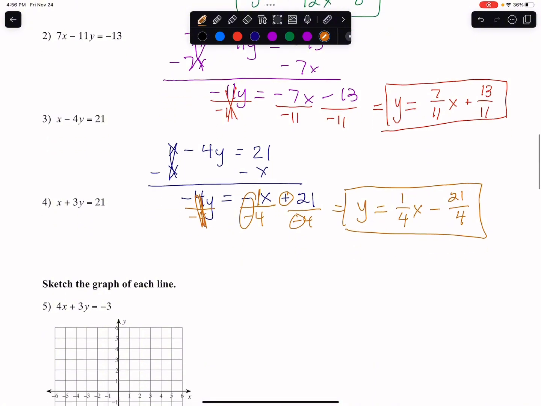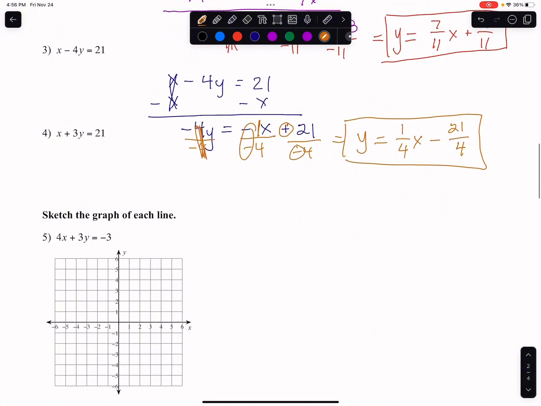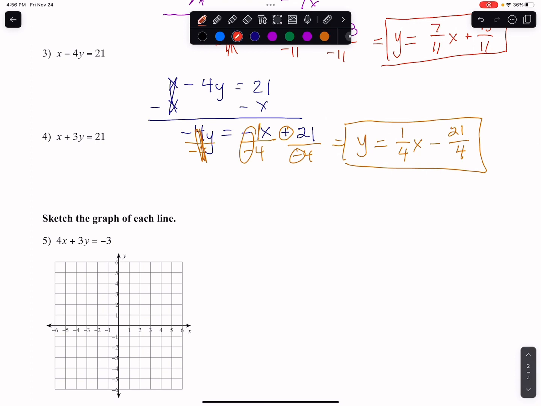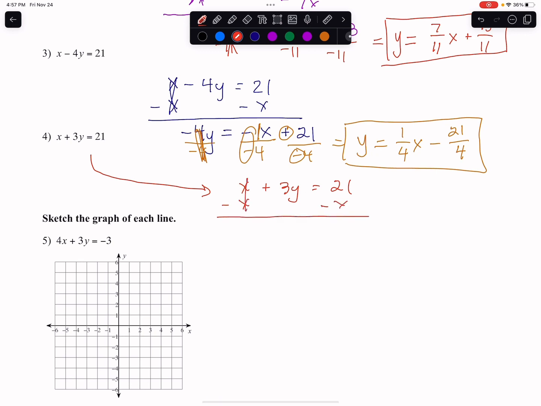And then finally, I'm writing way too big, but here we go. x plus 3y equals 21. Now I'm going to subtract x from both sides. I'm left with 3y equals negative x plus 21.